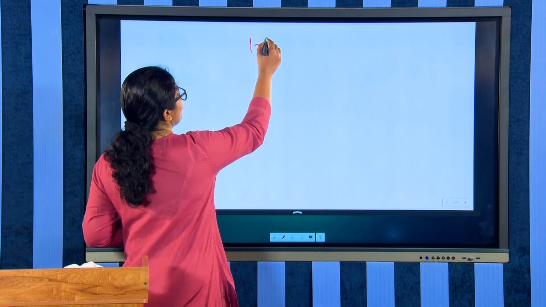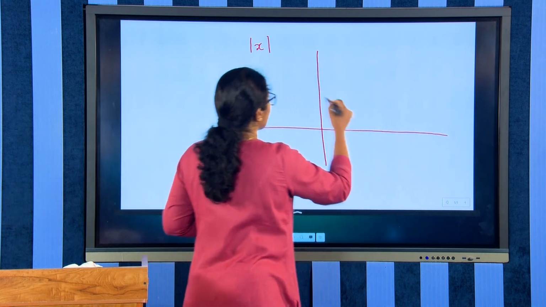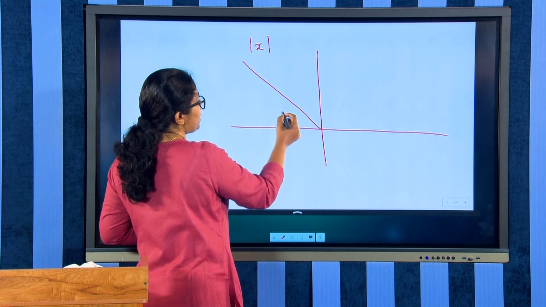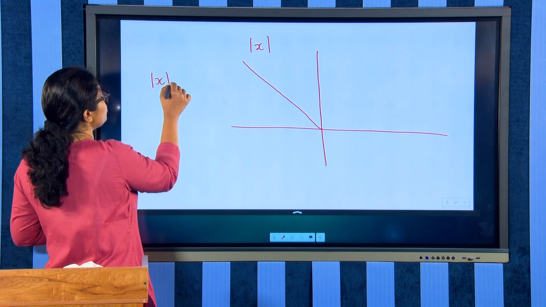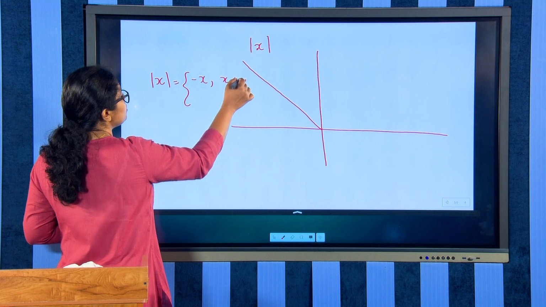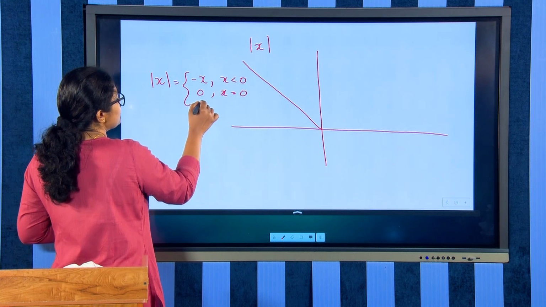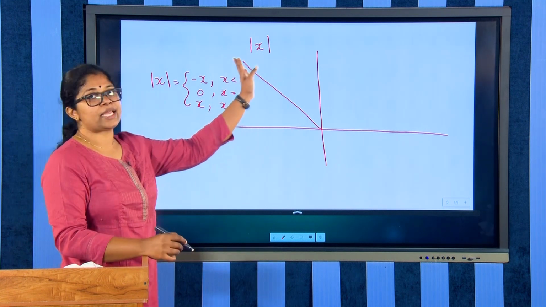Modulus of x, the graph is something like this. On the left side it is minus x, because the modulus function is defined as mod x equal to minus x for x less than 0, 0 for x equal to 0, and x for x greater than 0. So, on this side it is a straight line.